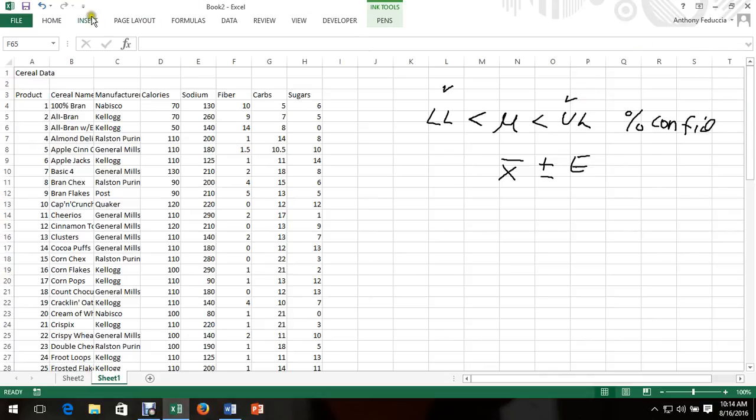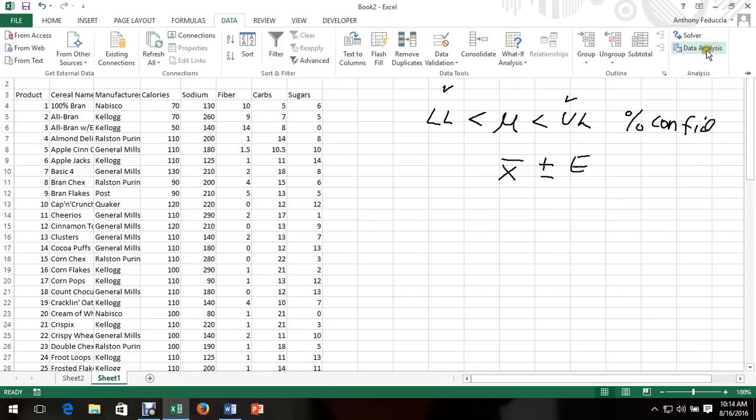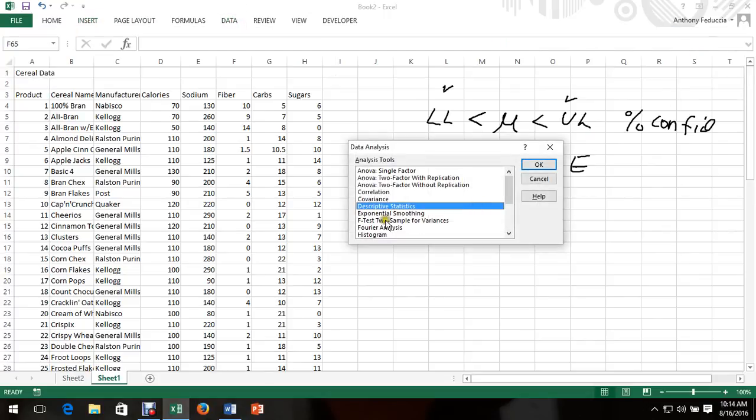What we're going to do is, once again, go into data analysis, and this time we're going into descriptive statistics.